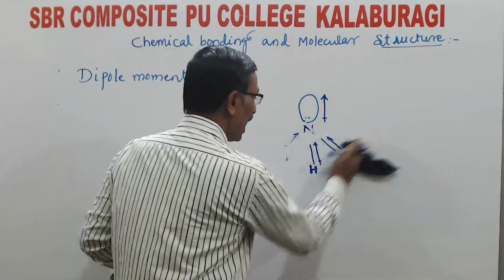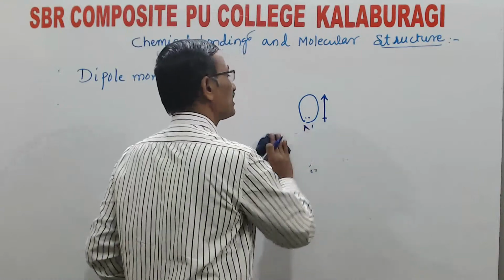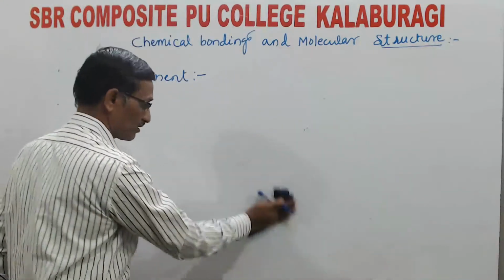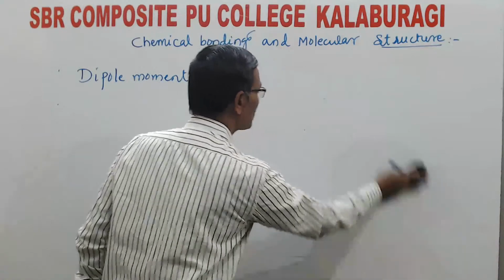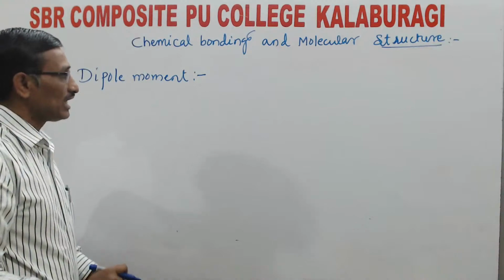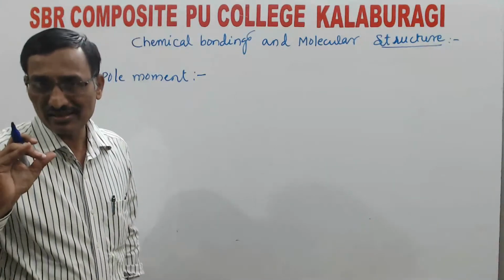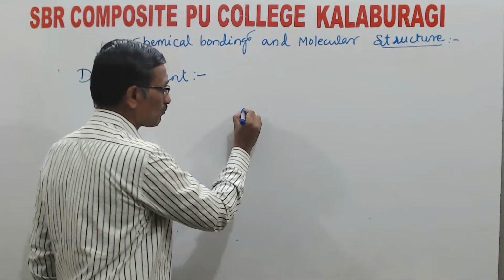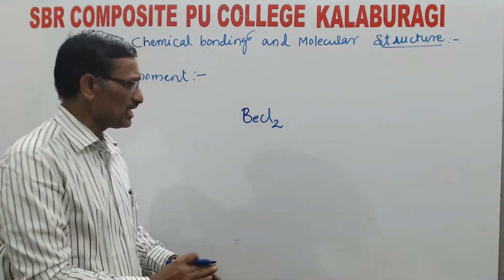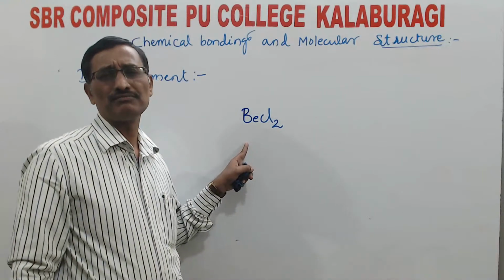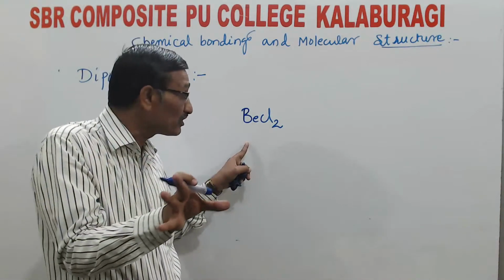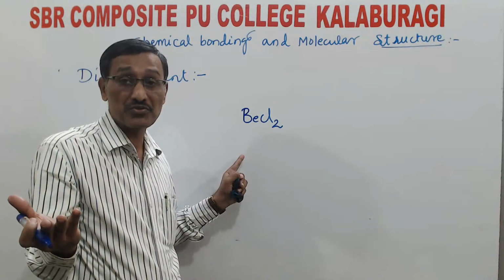Okay. Now coming to dipole moment values. Already you came to know the SI unit of dipole moment is Coulomb meter. Now the first example, I will take beryllium chloride, BeCl2. Is it polar or non-polar? If you see the electronegativity difference between these two, chlorine is more electronegative.